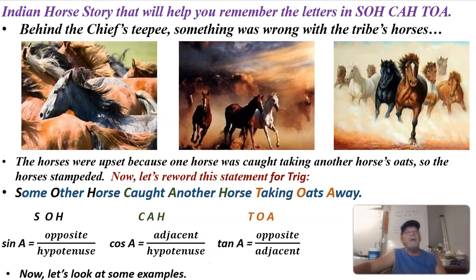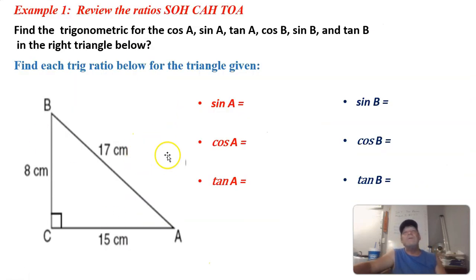Now let's just look at an example and see if we can use this and figure this out. All right, here's example 1. Find the trig ratios for the cosine of A, sine of A, tangent of A, cosine of B, sine of B, tangent of B in the right triangle below. So if I look at A first, which is in red, let me go ahead and mark on this.